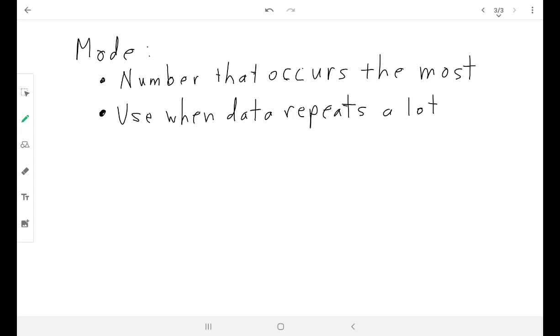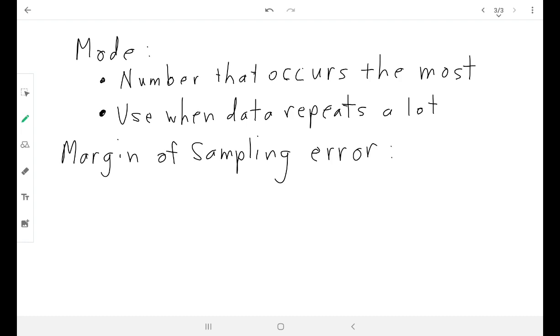There is another concept here if you're looking at the study guide, and it's called margin of sampling error. And this is a way of measuring how well a sample represents the whole population, how off you are.